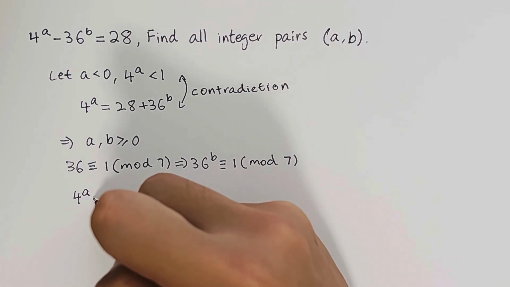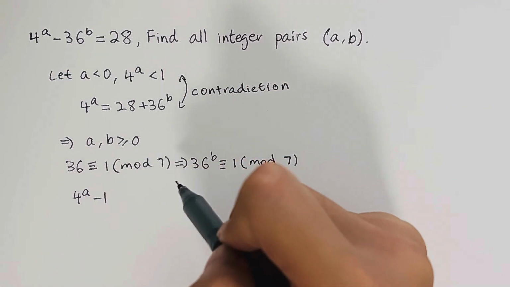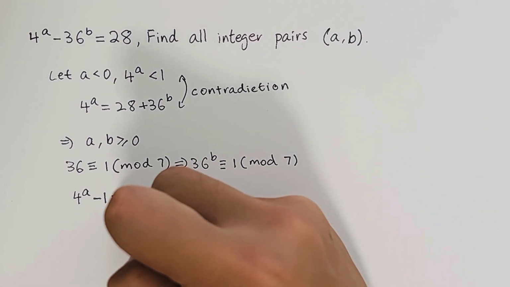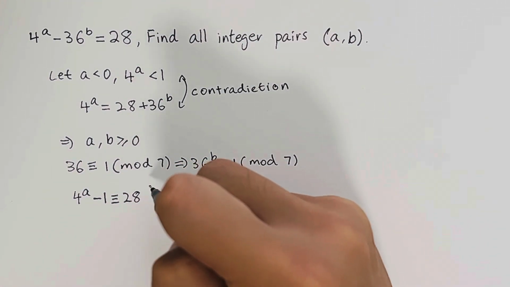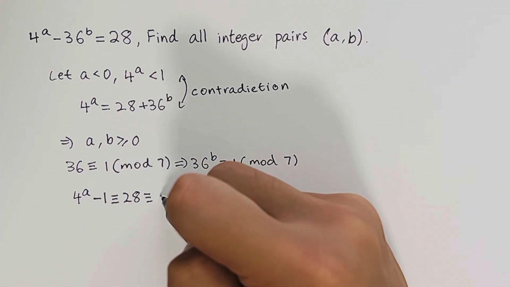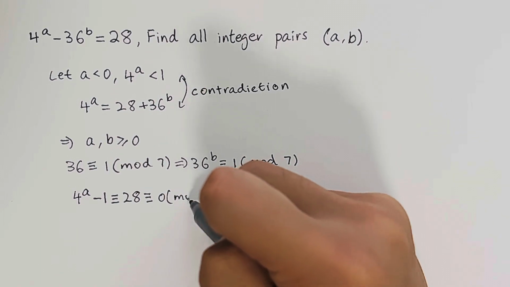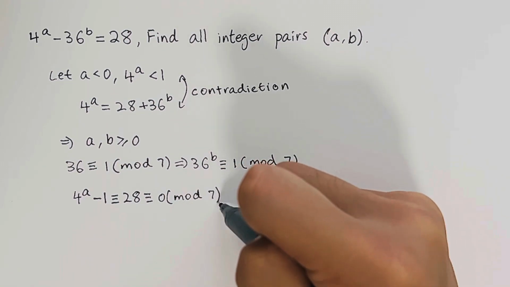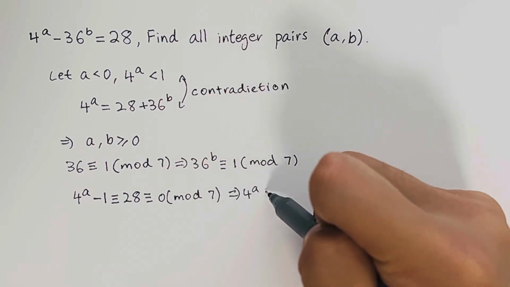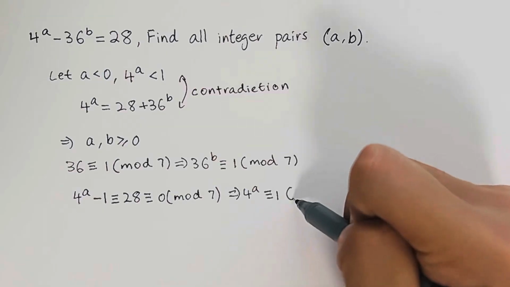So then the original equation will imply that 4^a minus 1 is congruent to 28, which is congruent to 0 mod 7. So we'll have 4^a congruent to 1 mod 7.